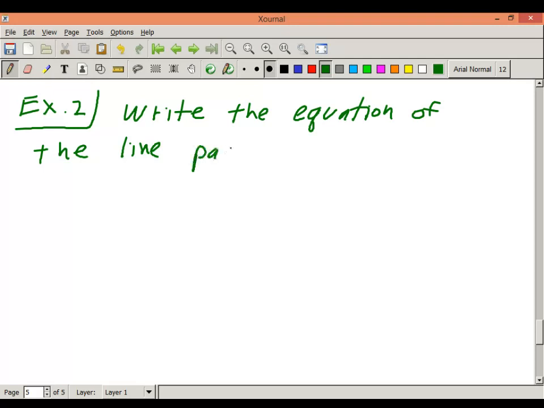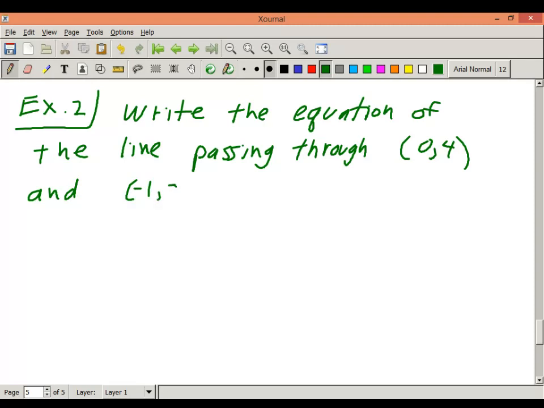This time they're going to give us 2 points. So passing through the point 0, 4 and negative 1, 2. So it's not necessary to graph these.